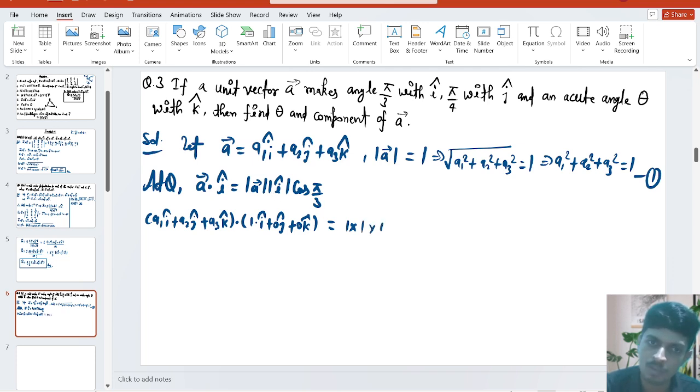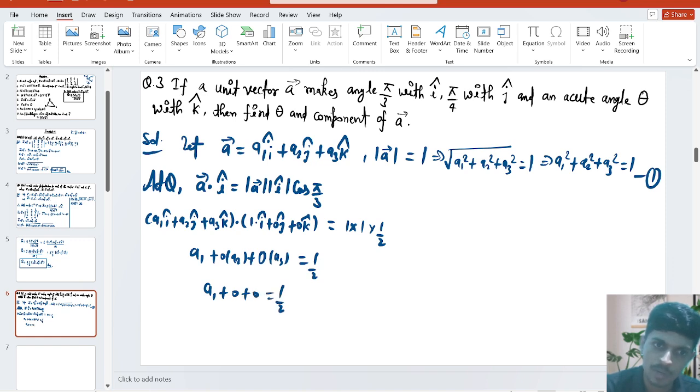Cos pi by 3 equals 1 by 2. Multiplying, you get A1 times 1 plus A2 times 0 plus A3 times 0 equals 1 by 2. So A1 equals 1 by 2.